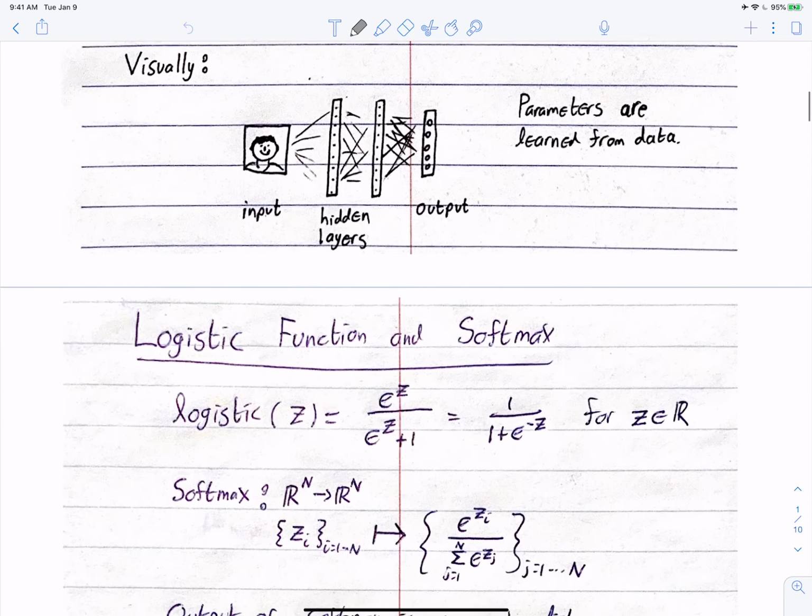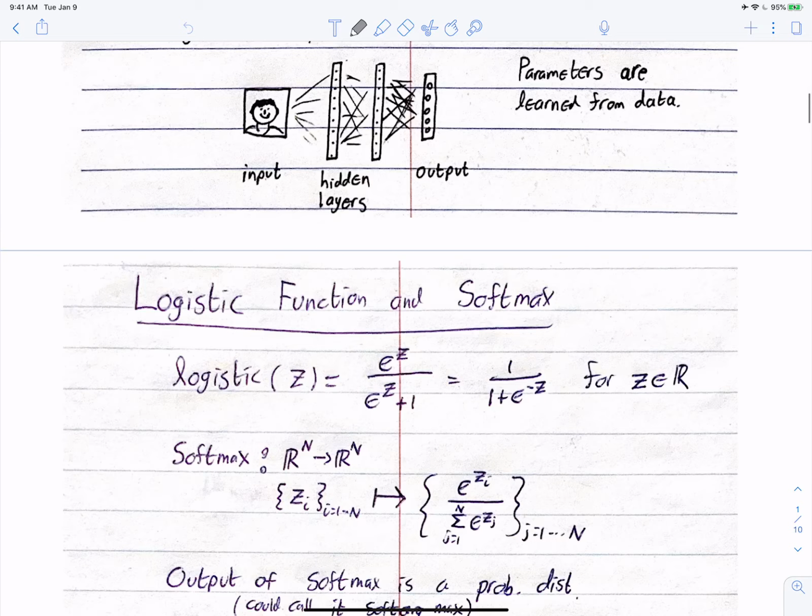All right, so let's first talk about the output of the neural net. And we'll recall that our goal is a probability distribution over the set of categories. And so a common way to achieve this is via softmax and logistic functions.